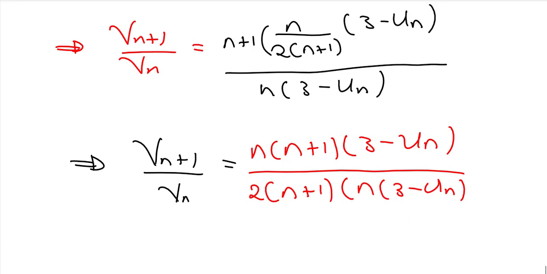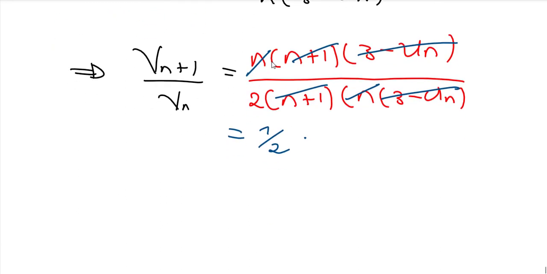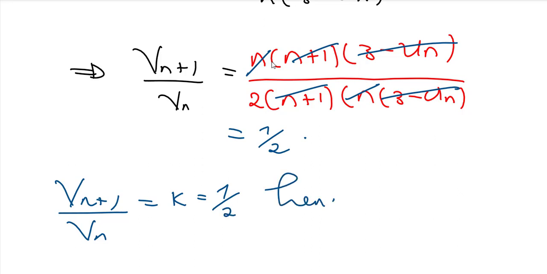Now let's do the cancellation. You see that n plus 1 cancels n plus 1, 3 minus un cancels 3 minus un, n cancels n. So all we are left with is half. So we have that Vn plus 1 all over Vn is equal to a constant, which is a half. Hence Vn is a GP as required.